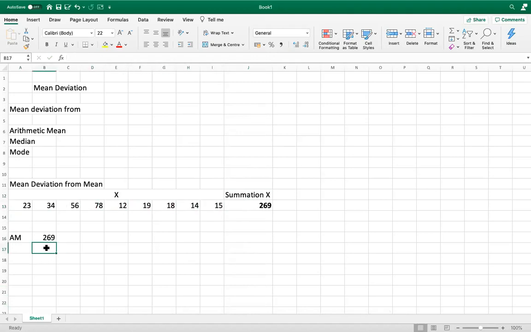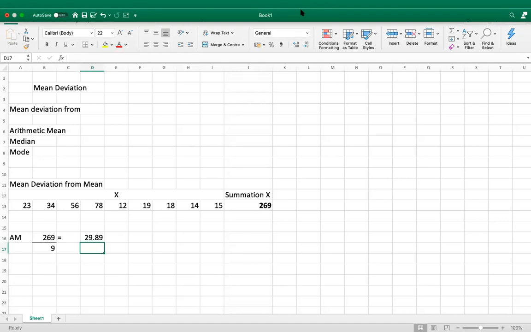So 9. Okay, so I will say equal to, it gives me 29.89. Okay, this is my arithmetic mean.